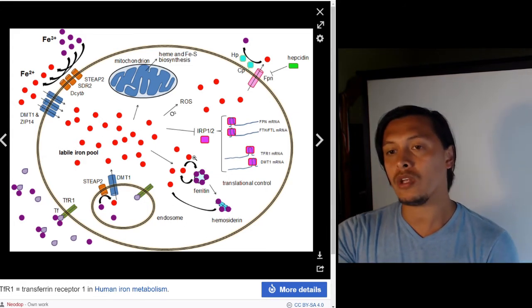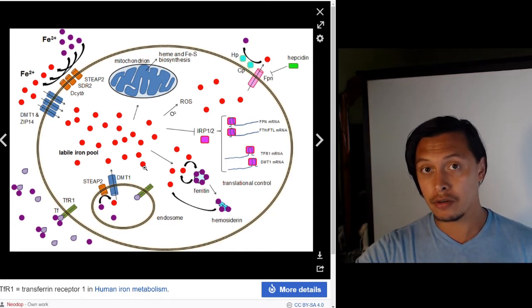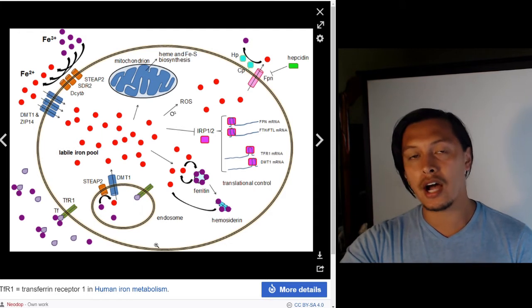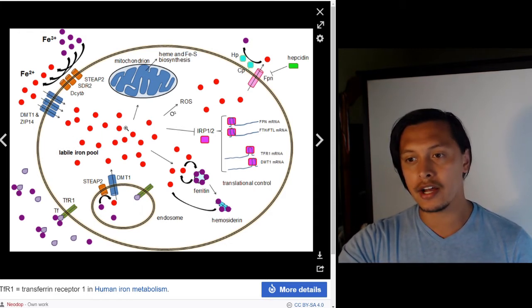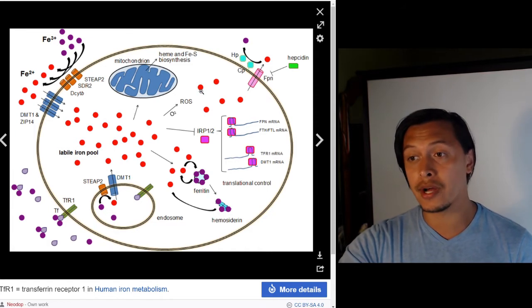Now, I'm not going to focus too much on this. Just know that this iron that is existing in the cytoplasm is going to have a lot of effects on the rest of the body.